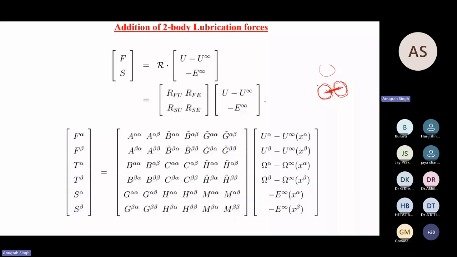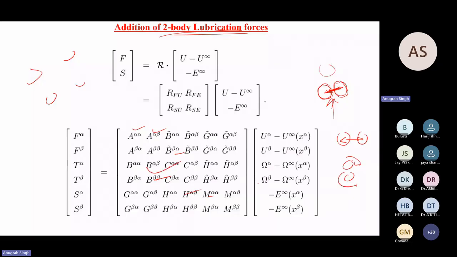That's why we can add two body lubrication when the particles come closer. When the particles are far, mobility works. When the particles come close, you have to form this two body. Fortunately, for two body lubrication problems you have analytical solutions. All this comes from the analytical solutions of two particles translating, two particles in shear, two particles rotating, all sorts of combinations. So you add on these.